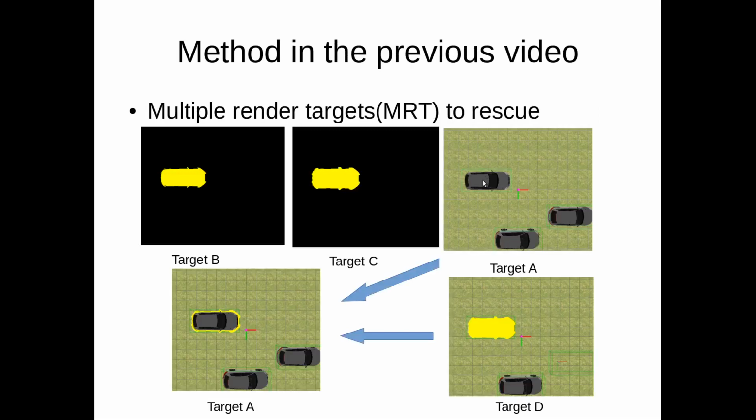We enable the stencil buffer of target A, then we draw an enlarged area of this object, right? If we can directly change the stencil buffer of this object, we can make this a lot simpler. Just think about it. What we really want is an enlarged stencil buffer of this object.